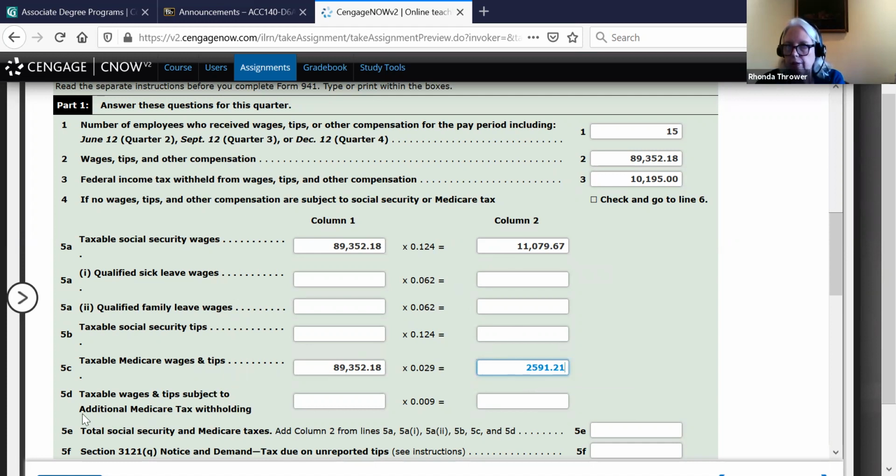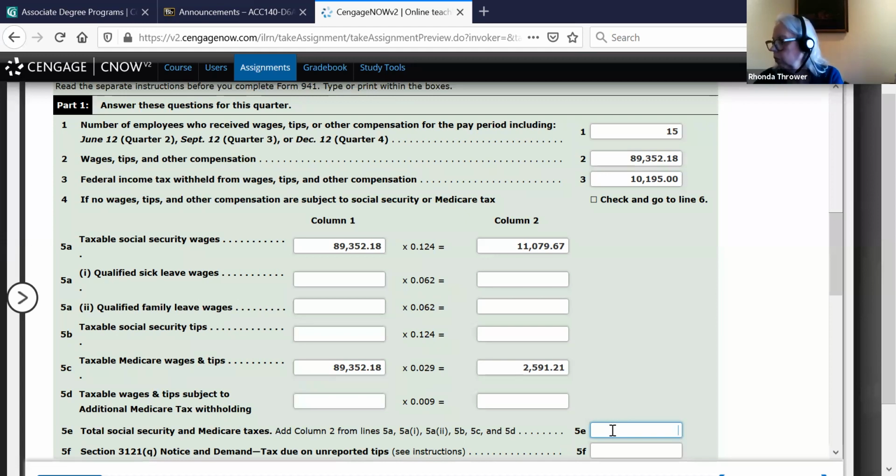Nothing would go on line 5D because we didn't have any tips or wages subject to additional Medicare tax withholding. So we're going to move on to line 5E, and they tell you to total the Social Security and Medicare taxes. So you're going to add column 2 from lines 5A, 5A1, 5A2, 5B, 5C, and 5D. In other words, we're going to total this column right here and put it in 5E.